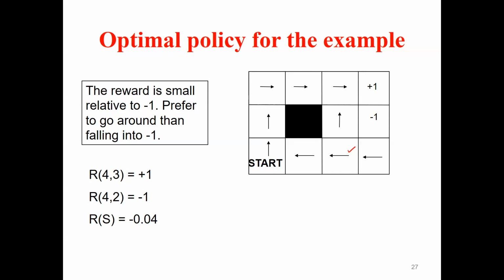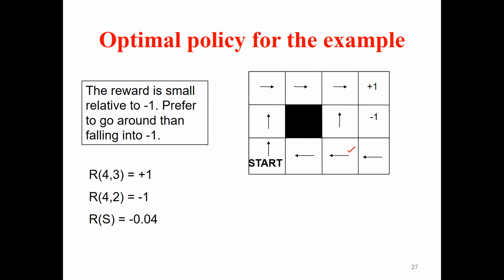Why are we moving towards the left side? Actually, we would have moved upwards. So in 3 moves, I would have reached +1. But it is not moving upwards, rather it is moving towards the left side. Because the reward for being in a non-final state is very small, I do not want to take any risk. The risk of being trapped in a -1 state.